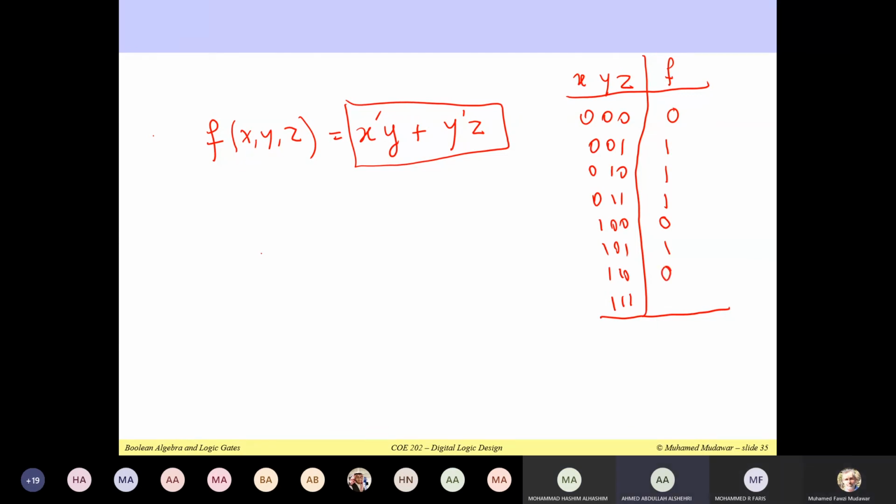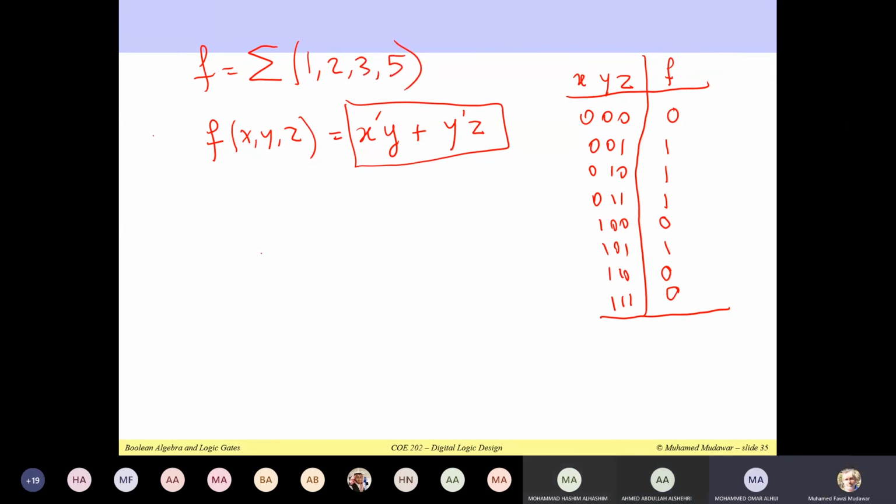Last one. 0. Nice. Okay. So what are the minterms for this function f? In sigma notation. What are these? 1, 2, 3, and 5. Good.